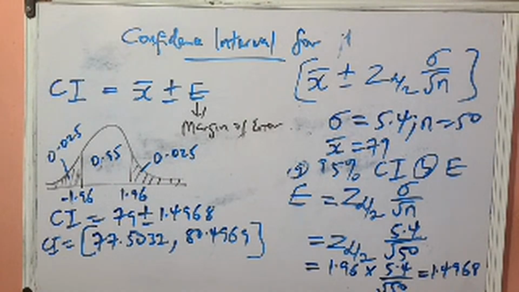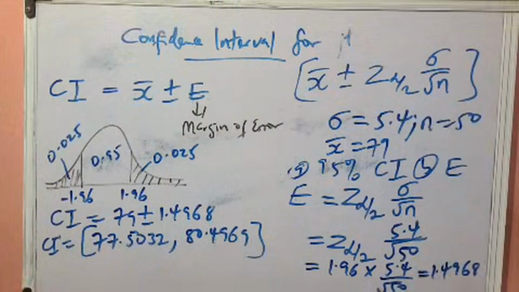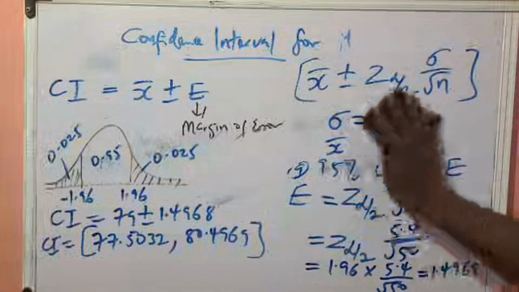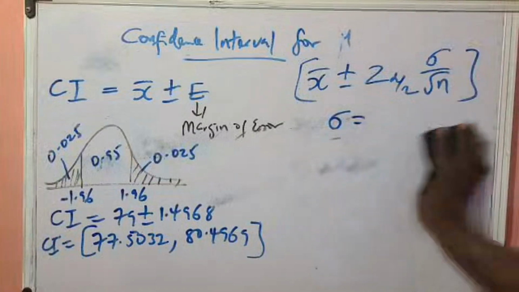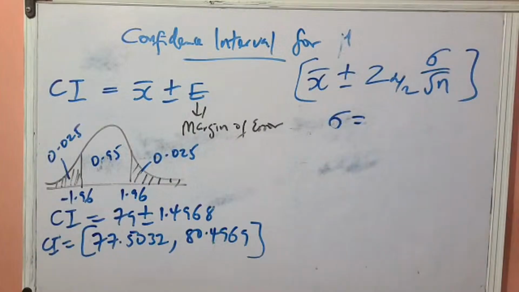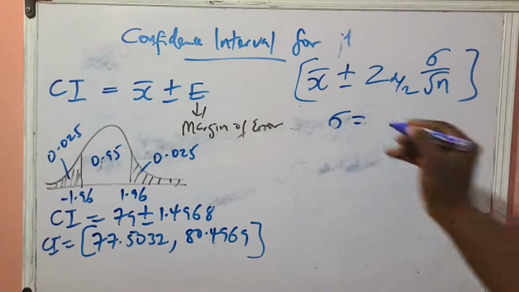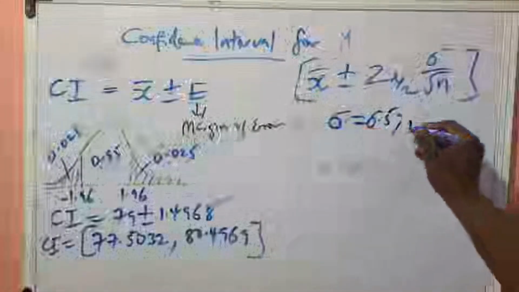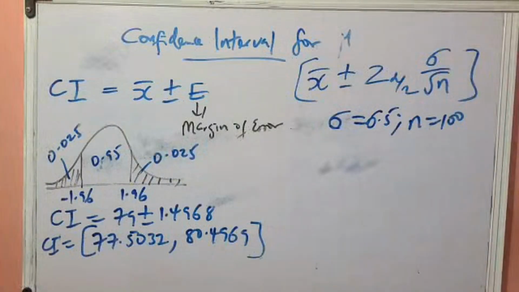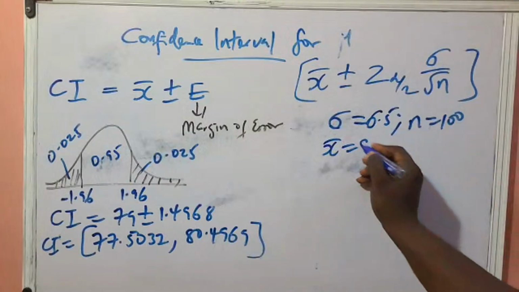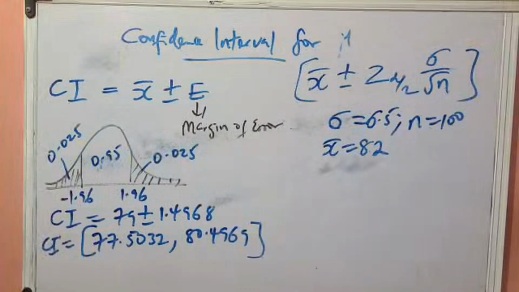Now 100 scores with a sample mean of 82 were selected. So the X bar right here is 82. So the question is, find a 90% confidence interval for the population exam score.